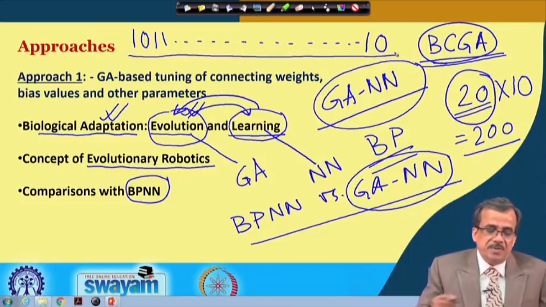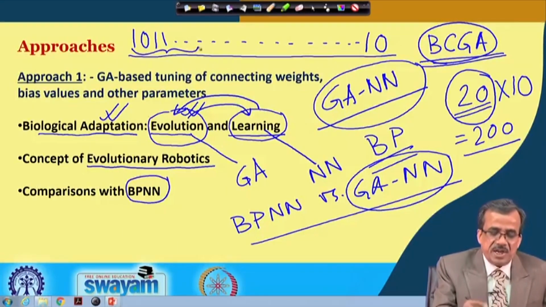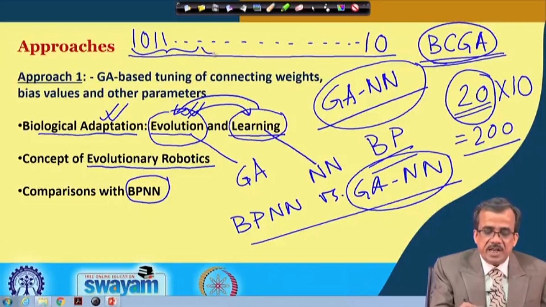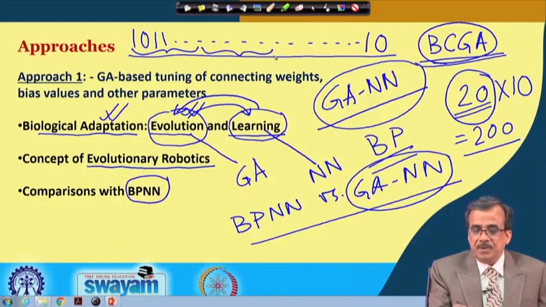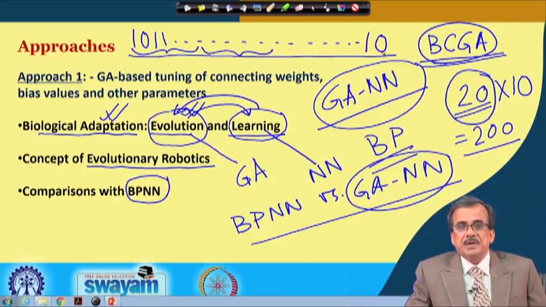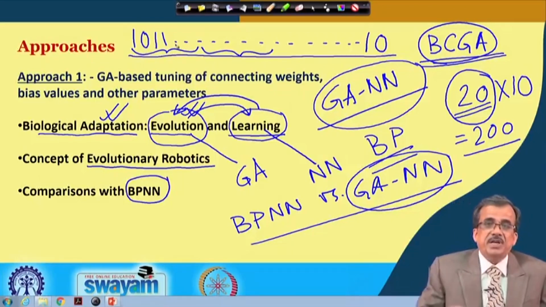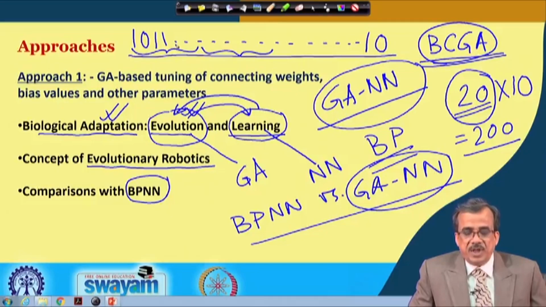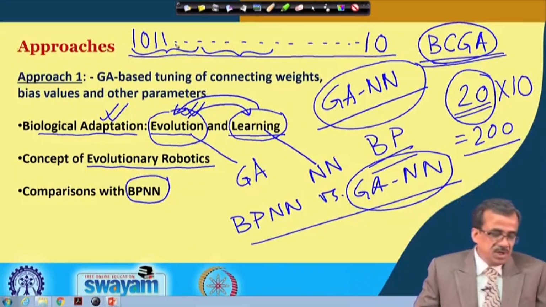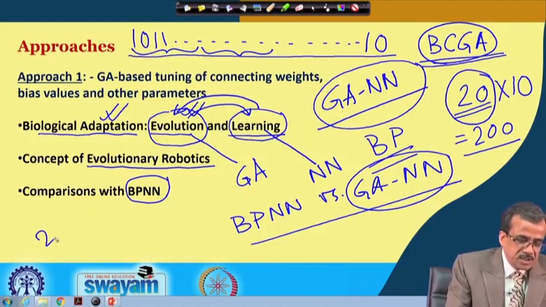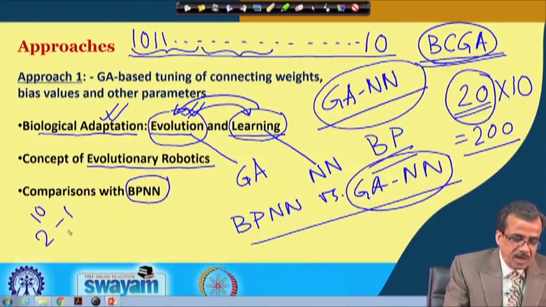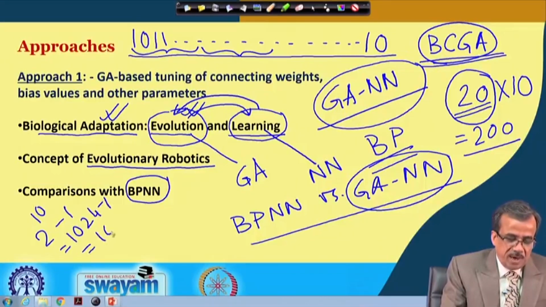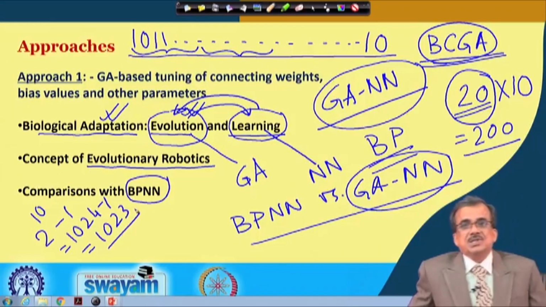Now, out of 200 bits, supposing that the first 10 bits are used to represent a particular variable, the next 10 bits are used to represent another variable and so on. The moment we use 10 bits, we are going to divide the range of these variables into 2 raised to the power 10 minus 1, that is 1024 minus 1, that is 1023 equal divisions.